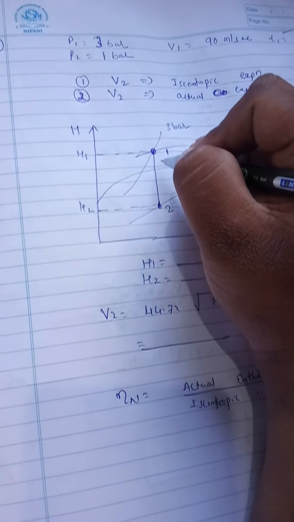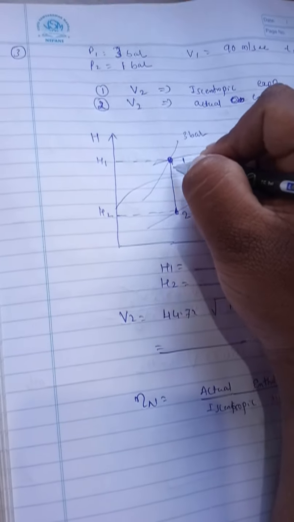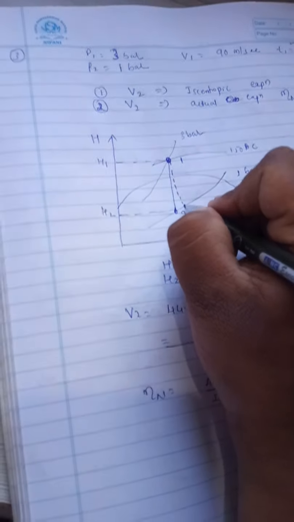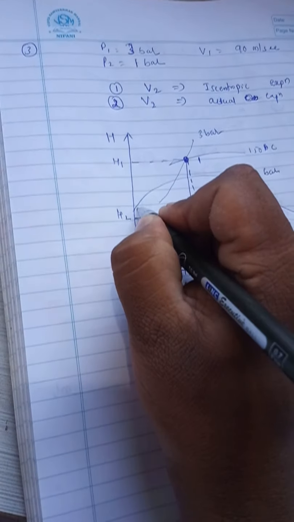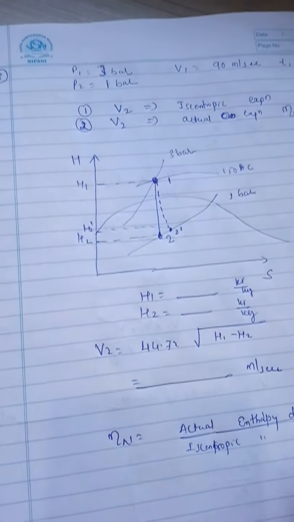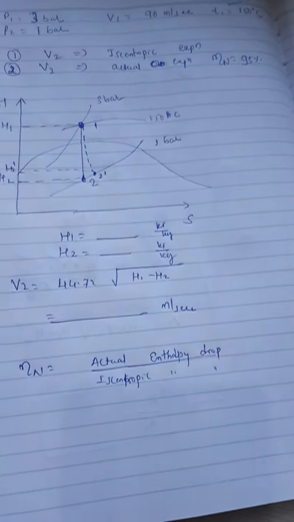So this is the actual, and this is the isentropic enthalpy drop. It is 100%. I will consider somewhere 0.95, since I will consider here it has reached 2 dash, right? But I don't know where it has reached. This is h2 dash. Like this, it is the graphical representation.